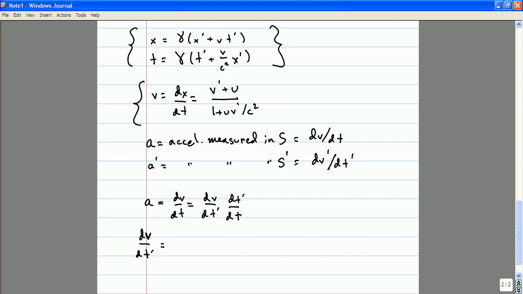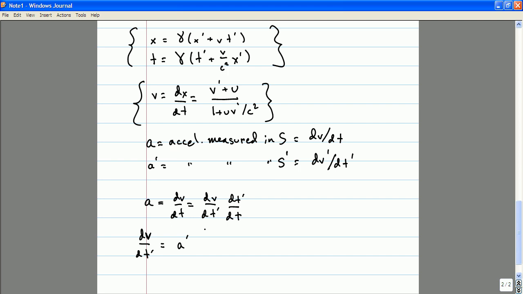So what is that? Well, v prime is a function of t prime, and in particular, dv prime by dt prime is what we call A prime. So this will be A prime times the derivative of this expression here on the right-hand side with respect to v prime. So what is that?